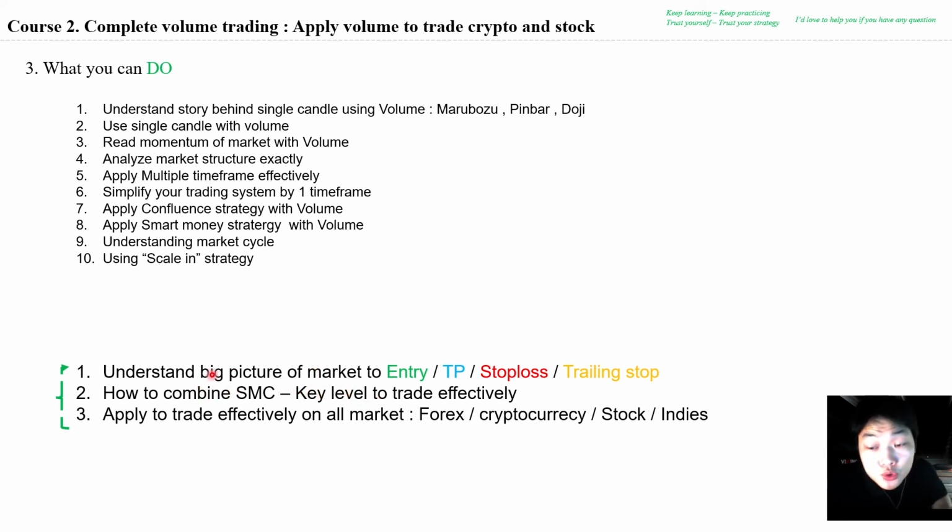Here, the two strategies combined together are very useful when you're trading and investing. And the last one, apply to trade in all the markets. You no need to change your strategies when you're trading or investing in the forex market or other markets. Only one strategy is enough, and here are the strategies you need to have in your pocket.